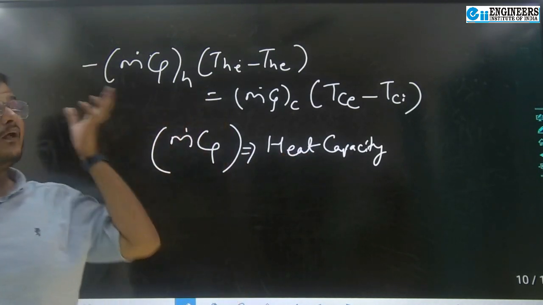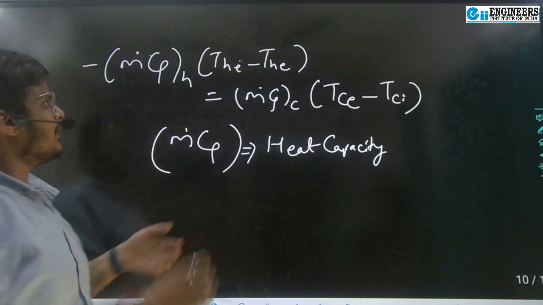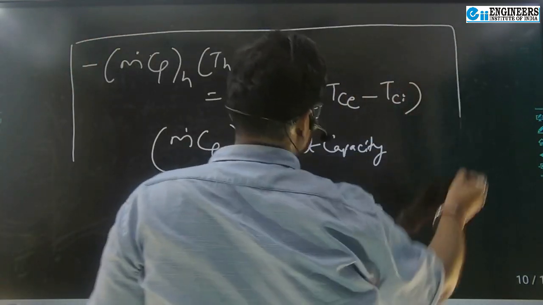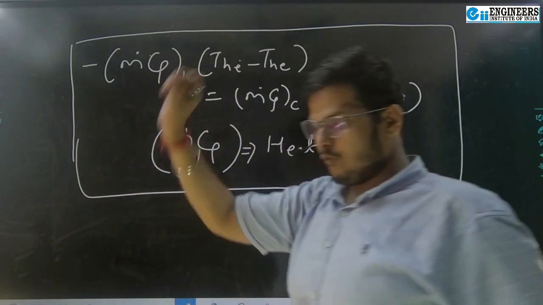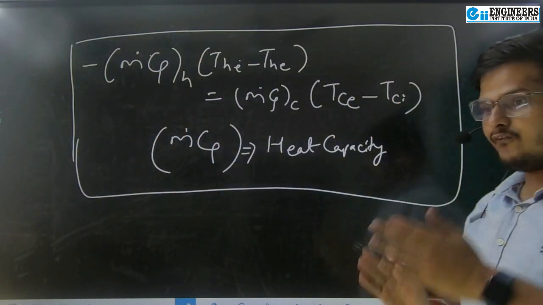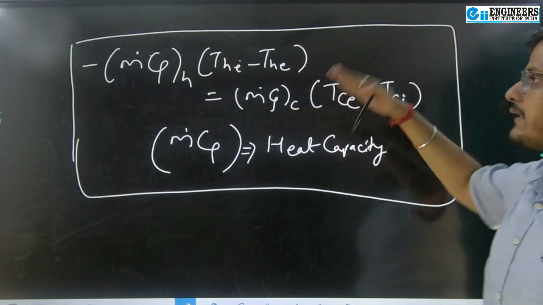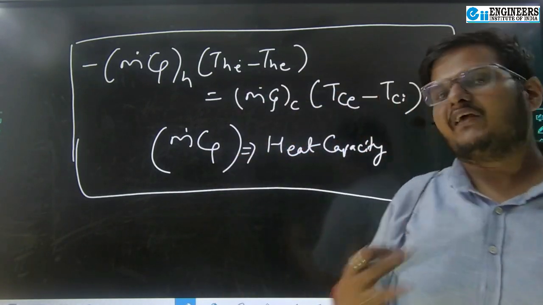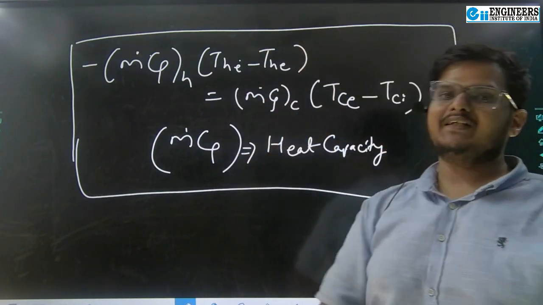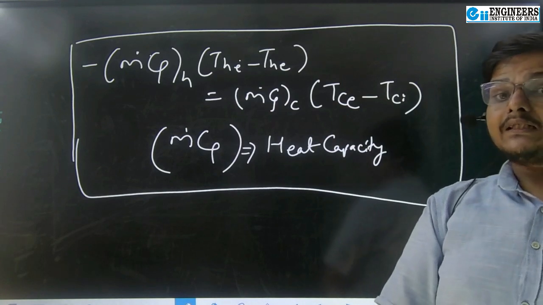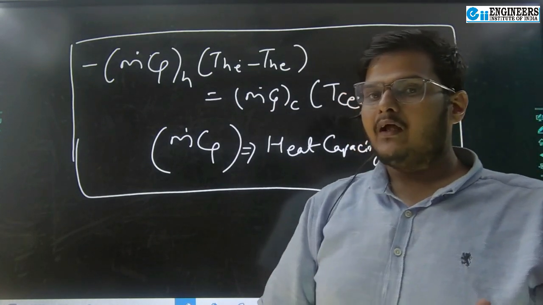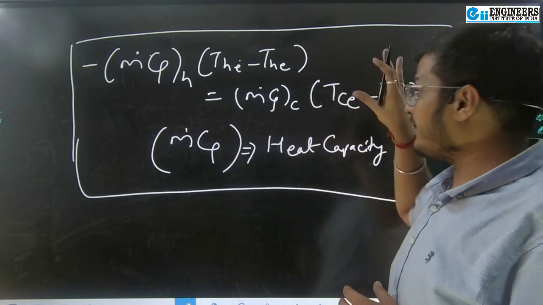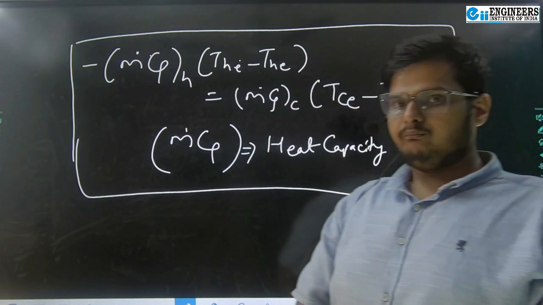So from the fundamentals of thermodynamics, you come to know how the heat exchanger works. Here, mCp is for a substance in a particular state. If a phase change is happening, what will happen? For steam, or during a phase change process, how are you going to estimate this specific energy?